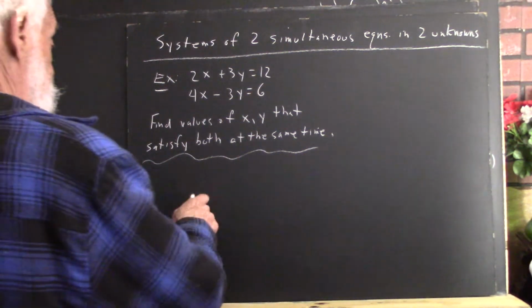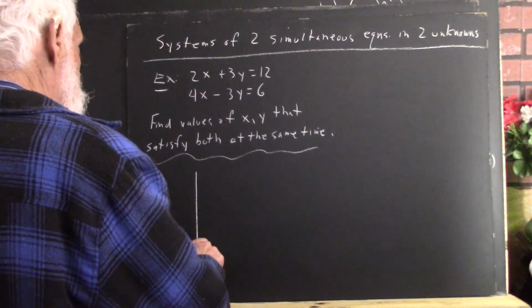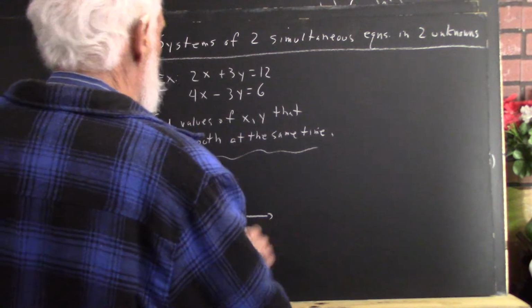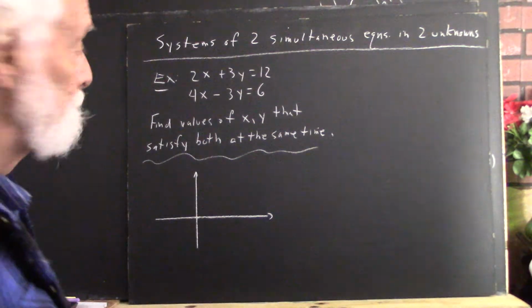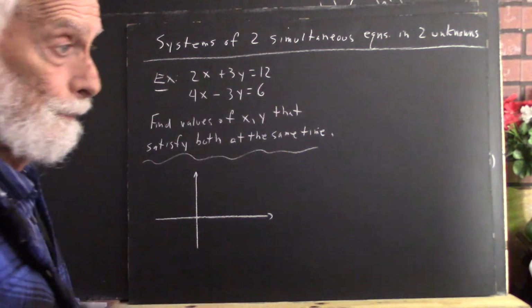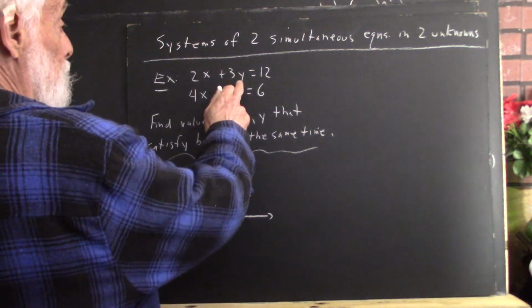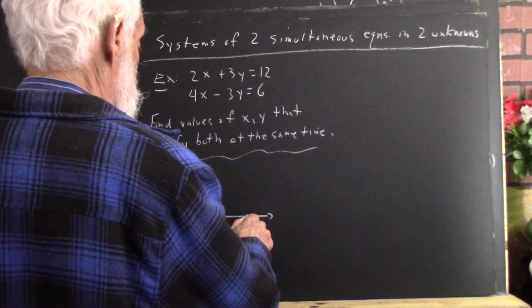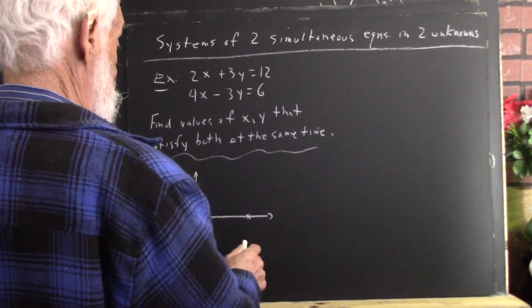So we graph. The easiest way to graph these equations is by the intercepts. Let y equal 0, you get x equals 6. If y is 0 here, 2x equals 12, so x equals 6. So we got the point (6, 0).